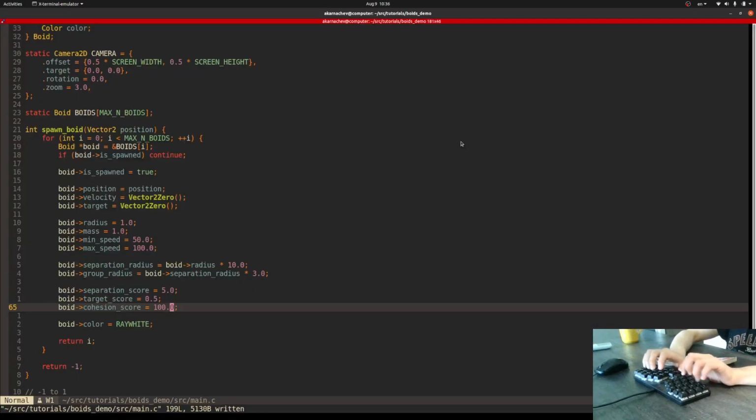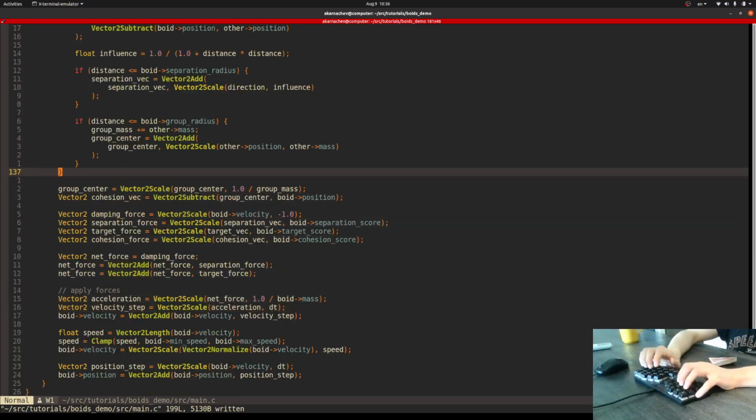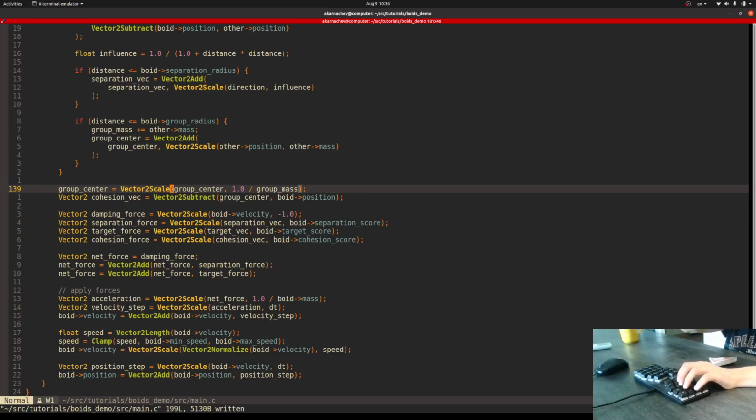Let me, you know what? Let me draw, I'm not sure in this group center. Let me draw it. Let me draw the group center. Well, actually we will have many group centers because group center is specific for each Boid. But anyway, let's draw it.